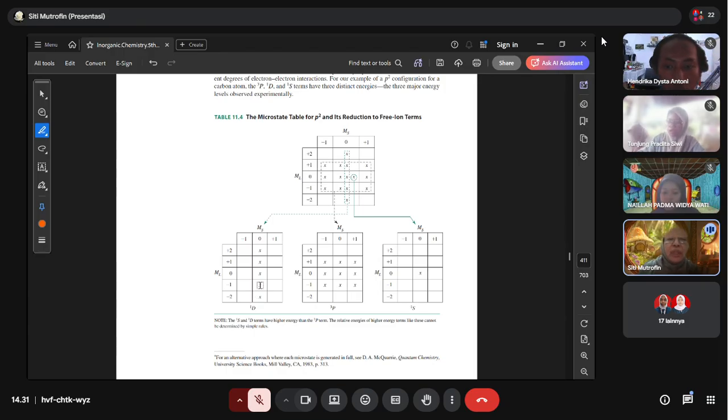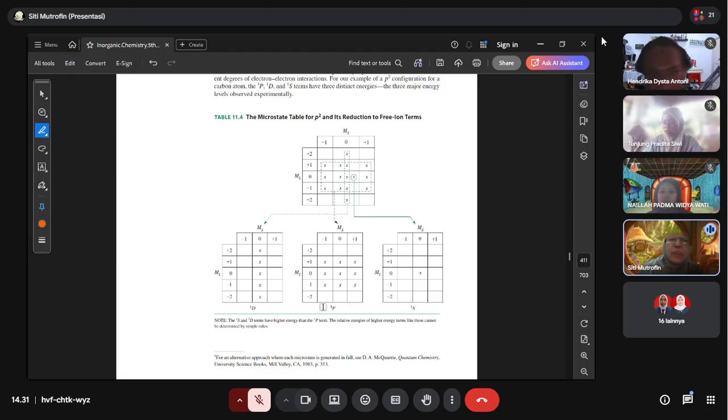So the S value of D is 0: 2 times 0 plus 1 equals 1. For S, it is also simple, because S only has the capital S value equal to 0. So 2 times 0 plus 1, the multiplicity is 1.